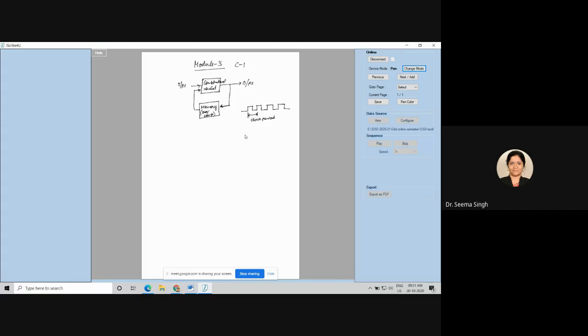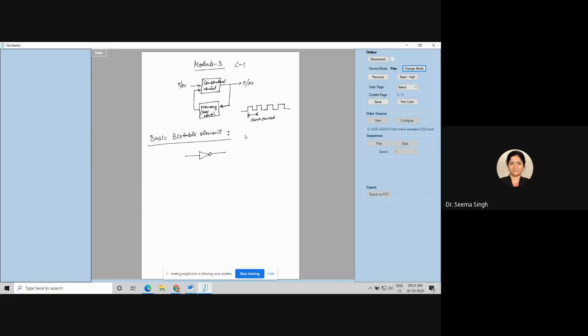Now, to start with, the first thing in sequential logic is the basic bistable element. What do you mean by a bistable element? You know that digital logic depends upon two states, low state and high state.